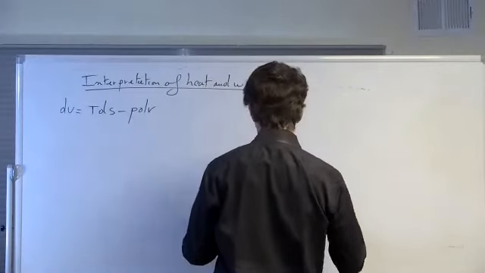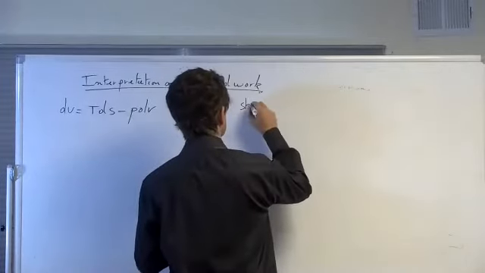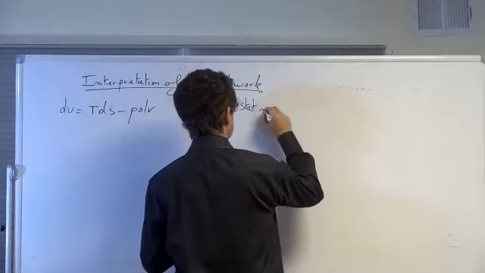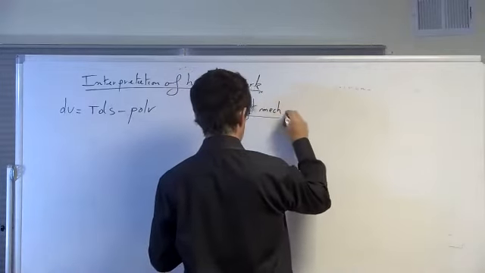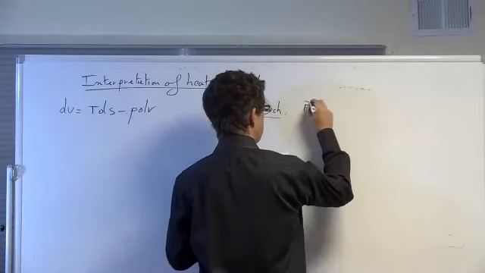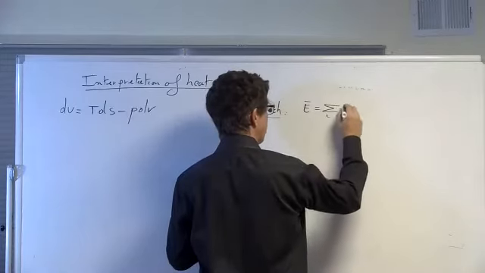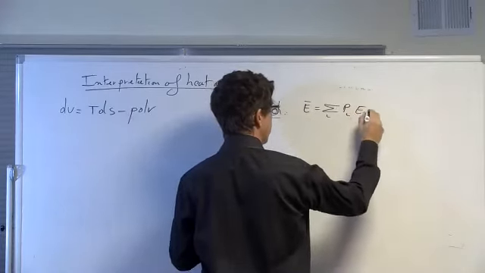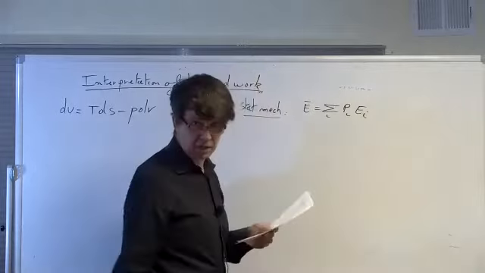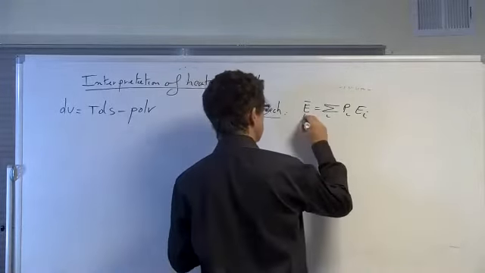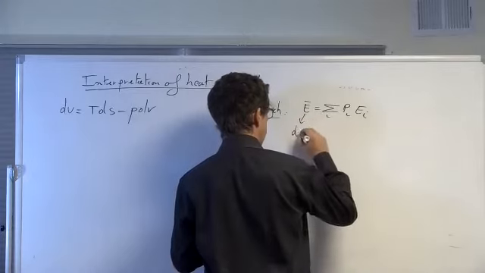Let's do this in StatMech. So in StatMech, the average energy is the sum over microstates, Pi Ei. So I want to know how I change it. So I'm going to take the differential, and that's the differential of a bunch of products.